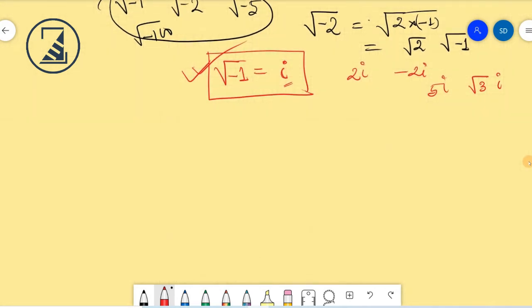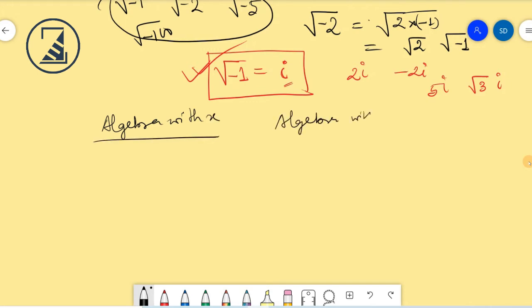Now, this symbol that we have just introduced, i, we can do algebra with this symbol just like we can do algebra with x, y, and z. So let's first compare algebra with x and algebra with i.